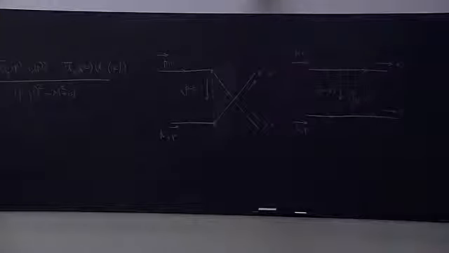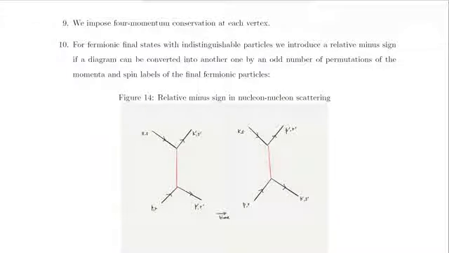Now we come to a discussion of the minus signs in fermion. For fermionic final states with indistinguishable particles, so that is our case, we introduce a relative minus sign if a diagram can be converted into another diagram by an odd number of permutations of the momenta and spin labels of the fermions.